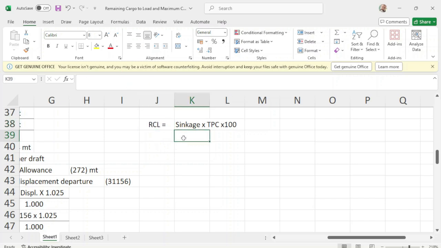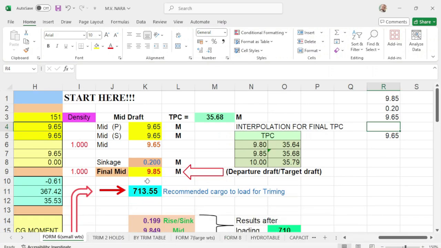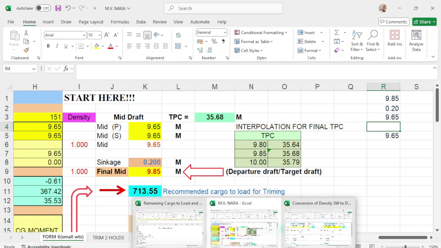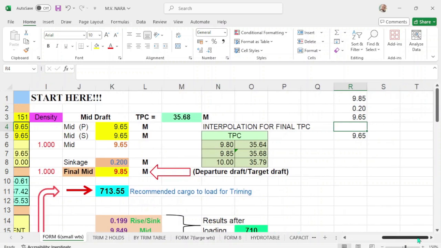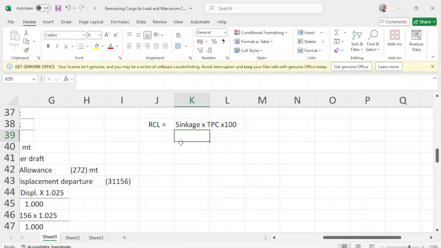What is your sinkage? Your sinkage is 20 centimeters. So you put here 20. Sinkage is 20.20.